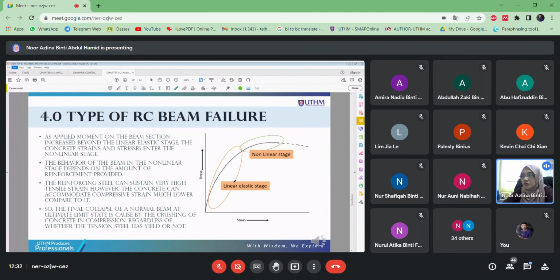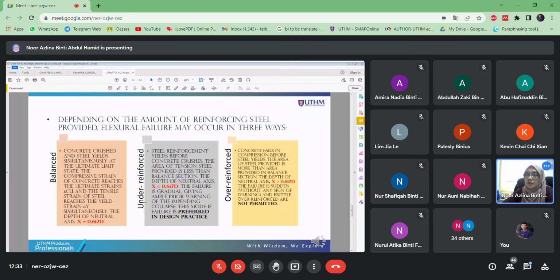Because we have a linear or non-linear stage, we have linear lines and a curved line here. You can go through the details here. For the failure, we have these three types of failure, and this is important for you to understand.